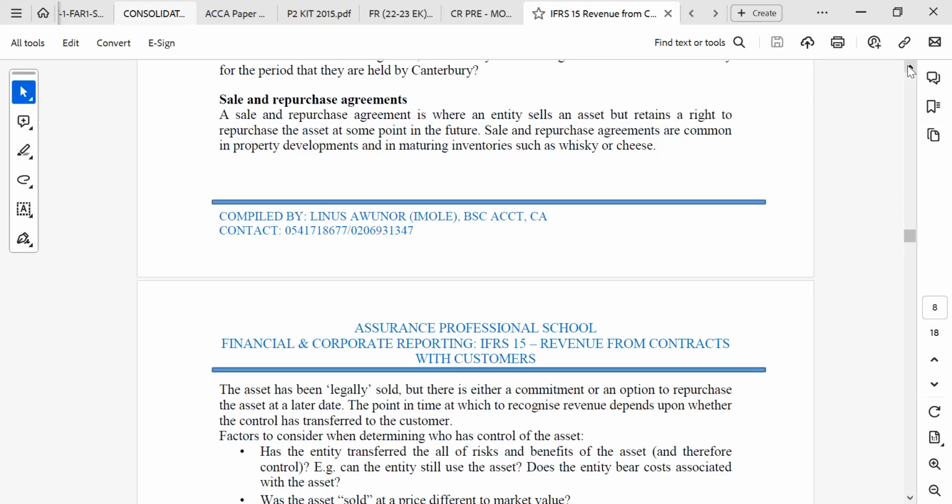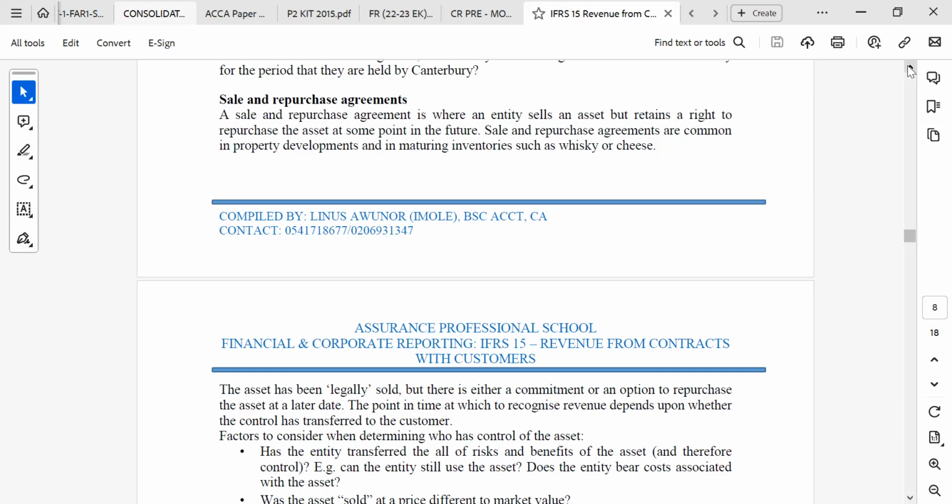So a sell and repurchase agreement is where an entity sells an asset but retains a right to repurchase the asset at some point in time. Sell and repurchase agreements are common in property development and maturing inventories, such as whiskey or cheese. The asset has been legally sold, but there is either a commitment or an option to repurchase the asset at a later date. The point in time at which to recognize revenue depends on whether the control has transferred to the customer. That is very simple.